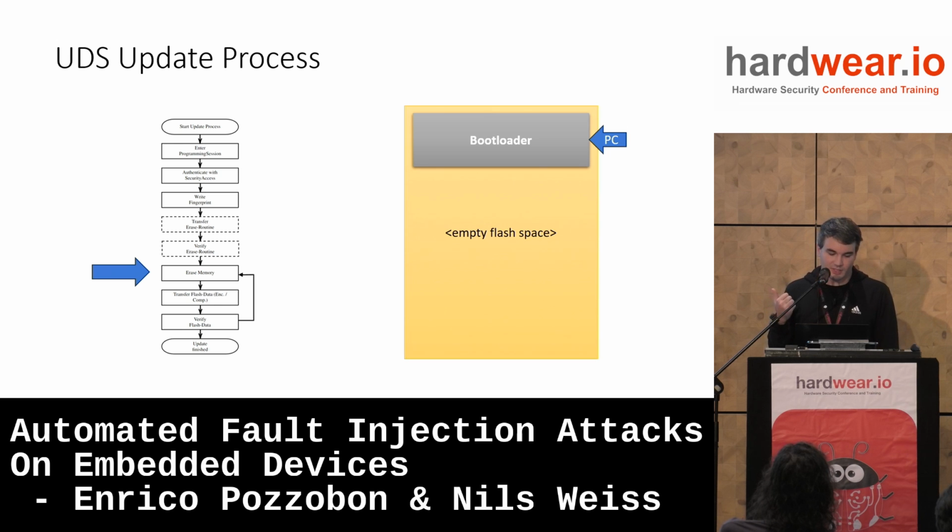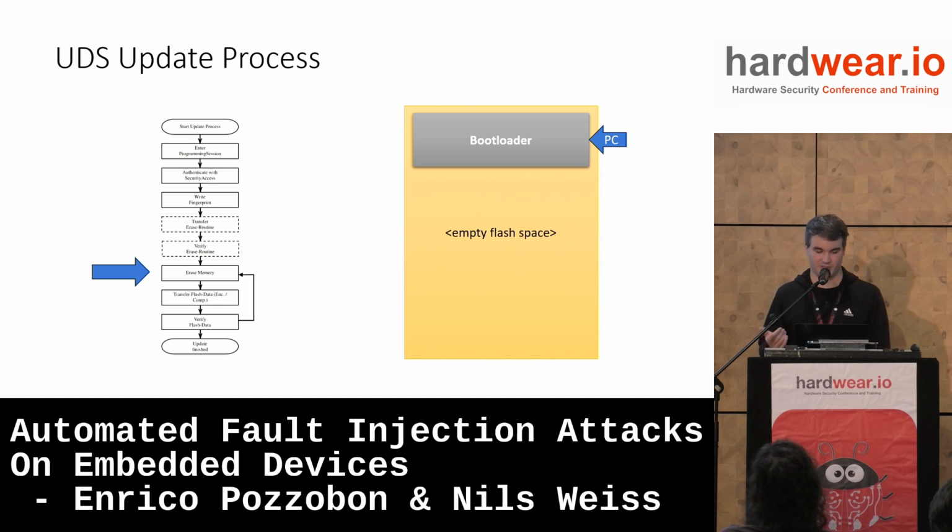Now, the erase routine to perform this erase is sometimes transferred over UDS, but it's usually authenticated with strong cryptography. So, for example, some RSA cryptography. So, this is somewhat secure. The erase routine is signed, and the signature is verified using the public key of the manufacturer.